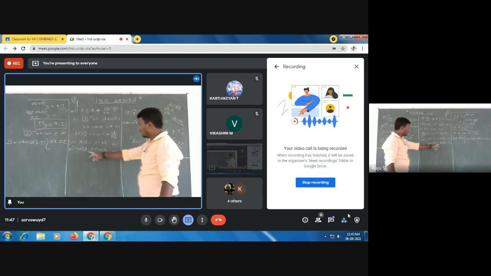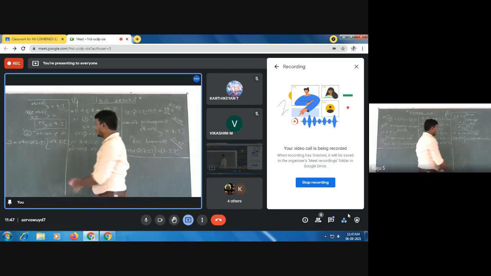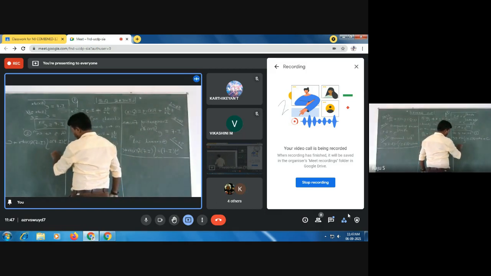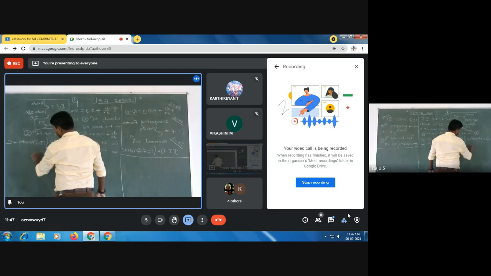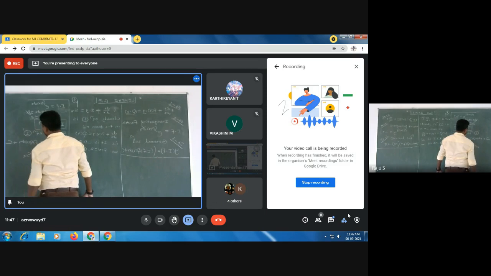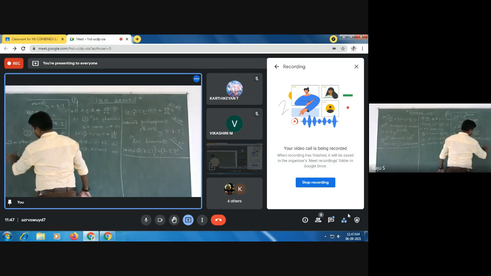Substitute: we know the q of x value, we know the integrating factor. So y into e to the power of 2x is equal to the integral of e to the power of 2x and sin x into dx.